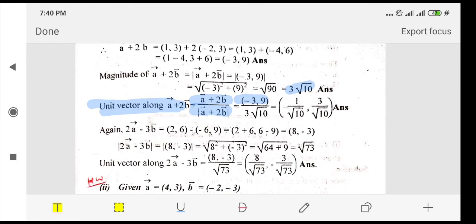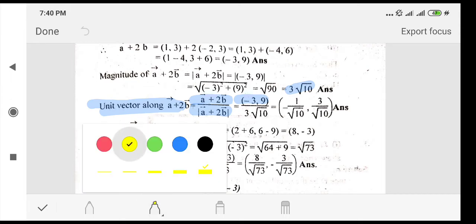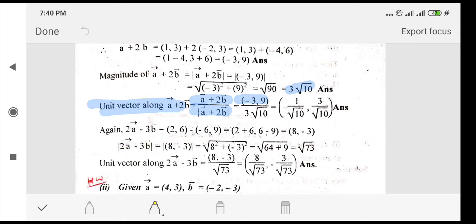If you multiply 2 vector A, 2 into (1, 3) will be (2, 6), and minus 3 vector B will be (6, -9).